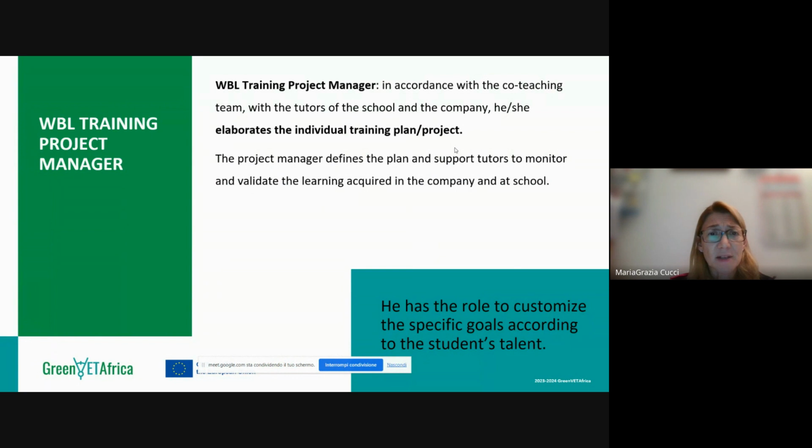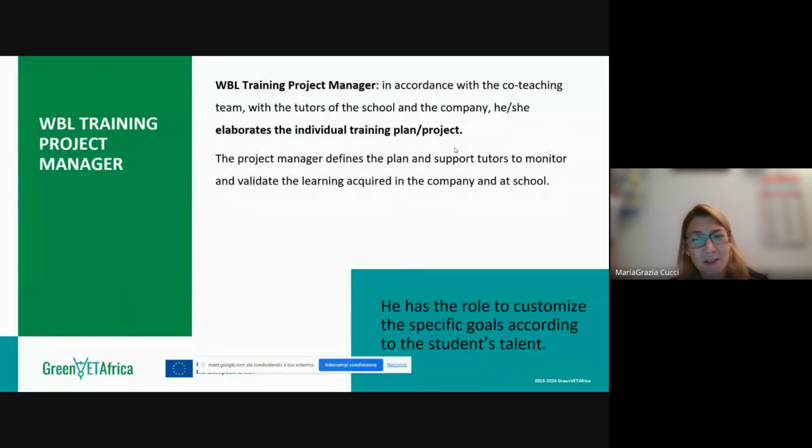It is very important for him or her to be in continuous relationship with the teachers, with the school, and with the company, in order to check whether the student is really achieving the skills that are the goals of the experience. He has to customize the goals, of course.